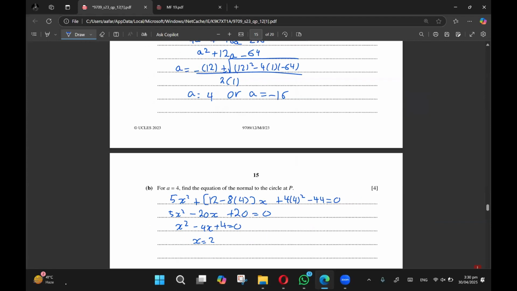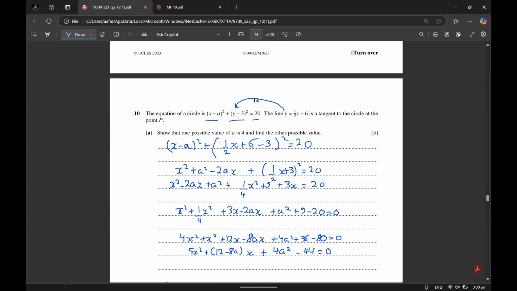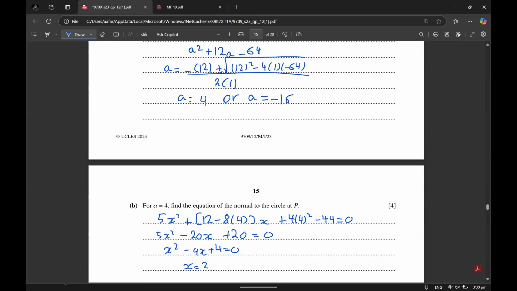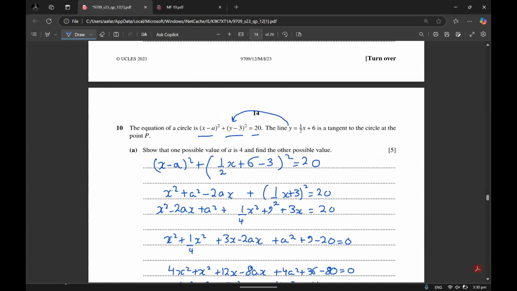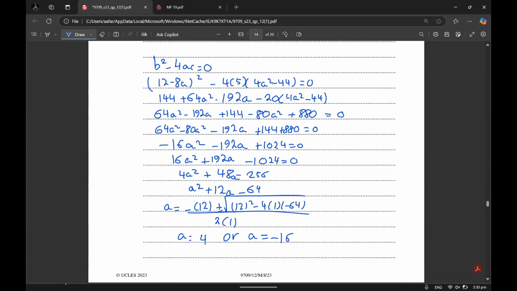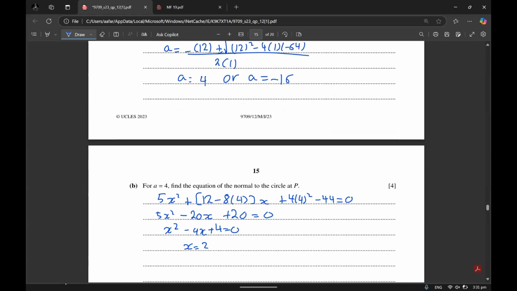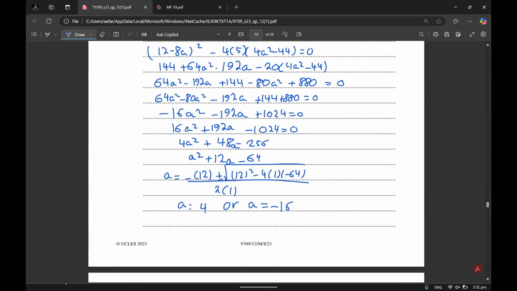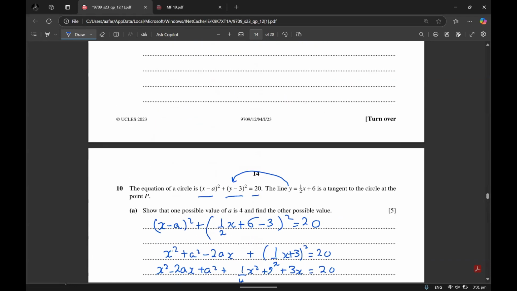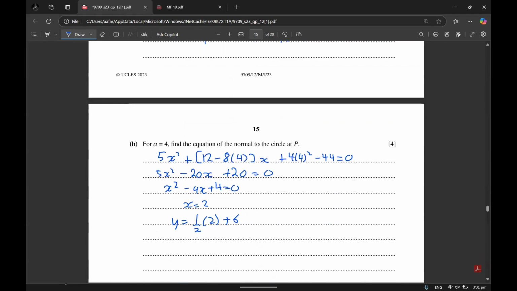Now we need to find the value of y at P. So we just put x equal to 2 in the line, y is equal to half x plus 6. That was the line. So we get 1 plus 6, y is equal to 7.